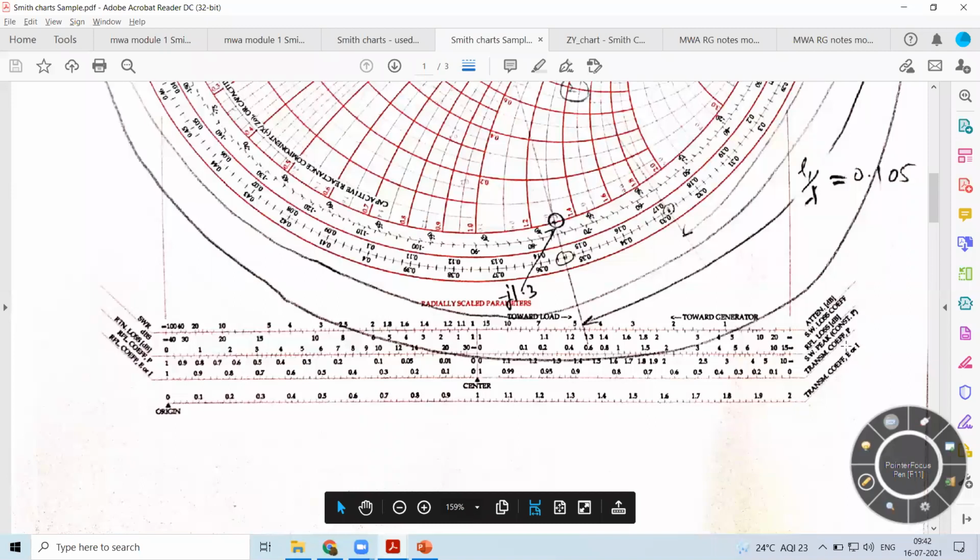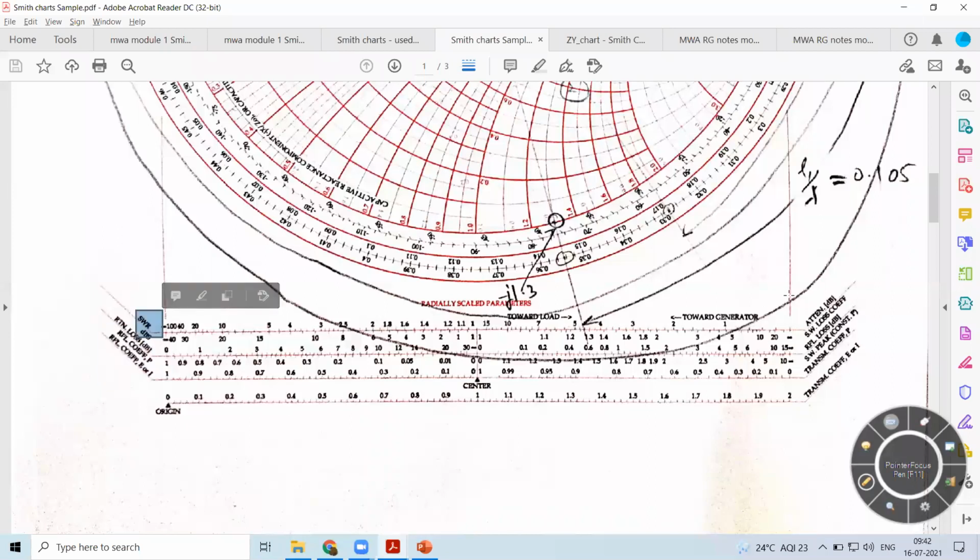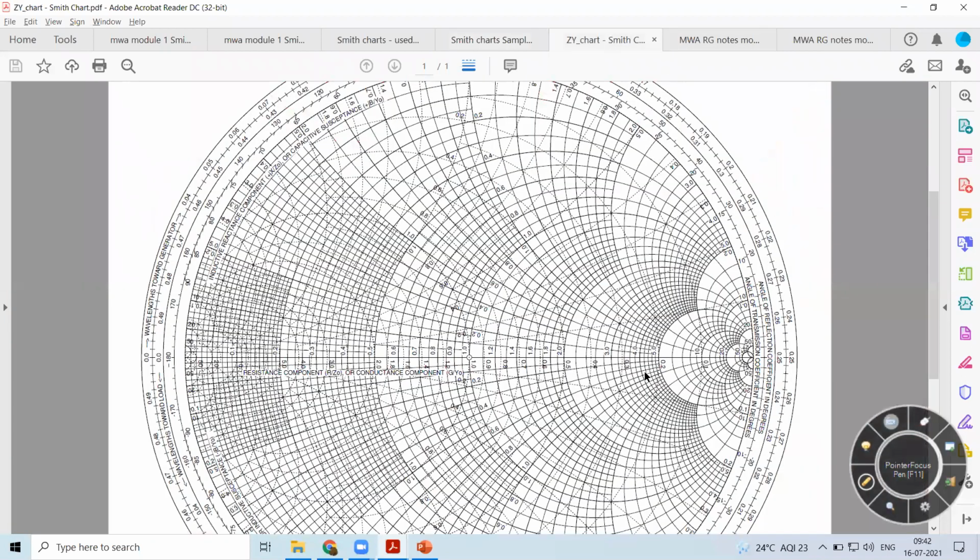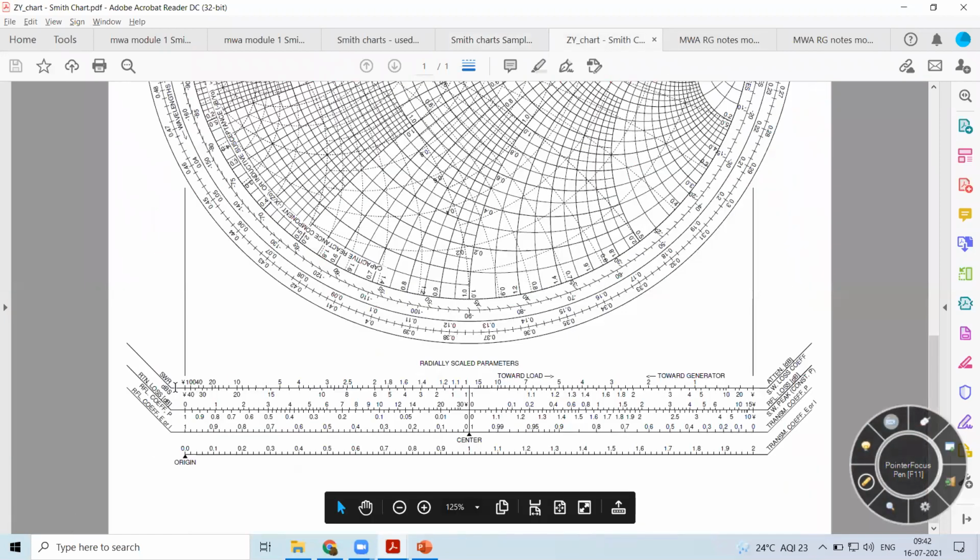There is slight variation, but all the parameters will be present: reflection coefficient, SWR in dB, attenuation in dB, standing wave loss coefficient, reflection loss.